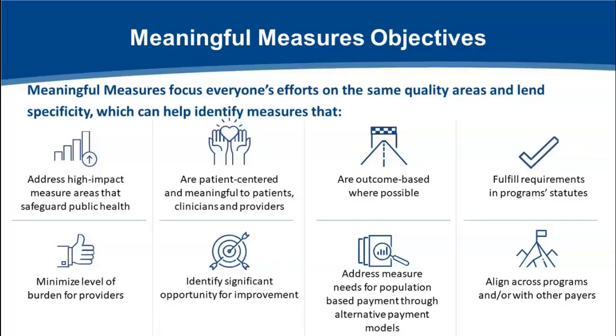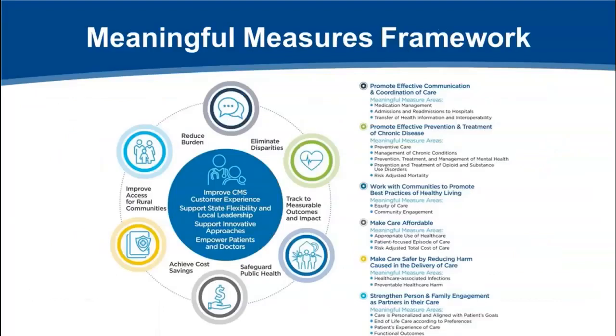And so when we think about meaningful measures and the objectives within that, patient-centeredness really feeds into that and really supports it and is really the underpinning of making sure that we are thinking about what's most meaningful to patients while keeping in mind some of our other objectives and goals that have an impact on other stakeholders as well. And the framework is something that everyone has seen time and time again.